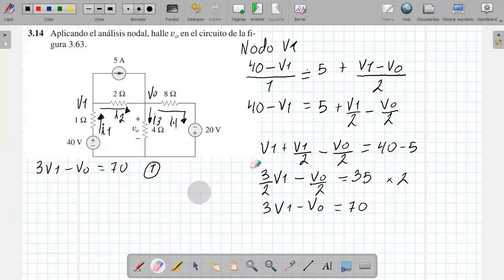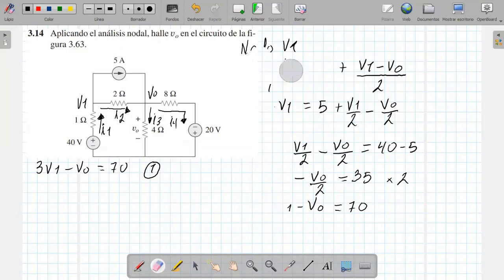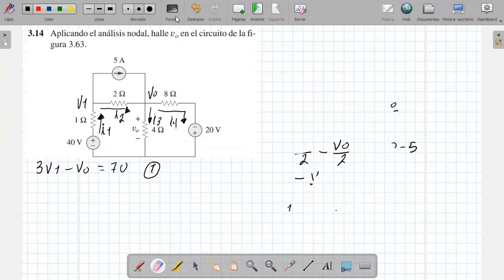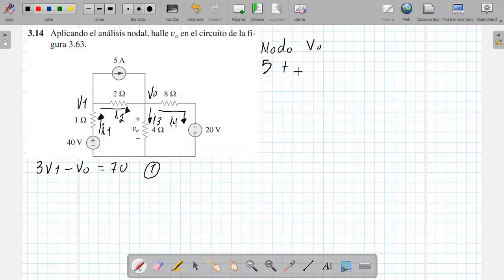Okay, now I'm going to work on node V sub 0. We see the currents entering V sub 0: the first is the current source, the second is the current I2, and that is going to be equal to the currents that come out, the current I3 and the current I4.